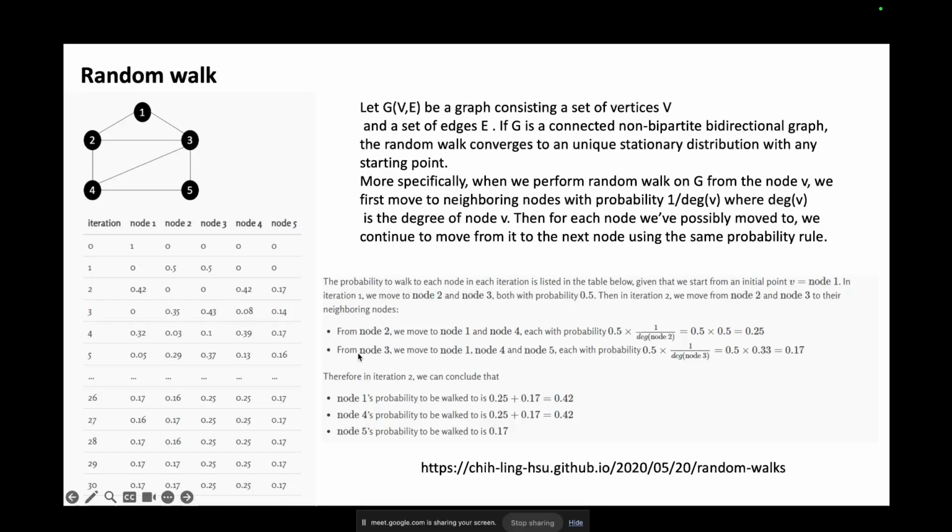There is one condition to be verified here. So if you are in node 2, you are not moving to node 3 basically. So from 1 you started, you either move to 2 or 3, right? So if you move to 2, you are not moving back to 3, right? So if you are at 2, you are moving to 4 and 1. So you have equal probability of 0.5, which is divided by the degree of node 2.